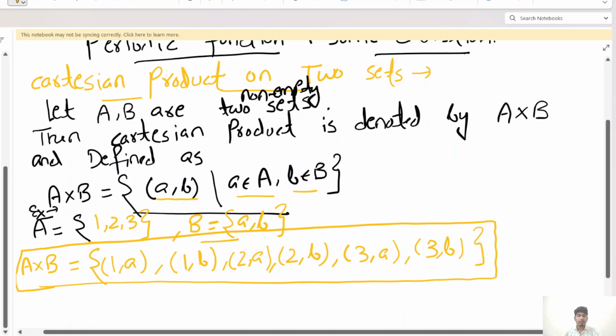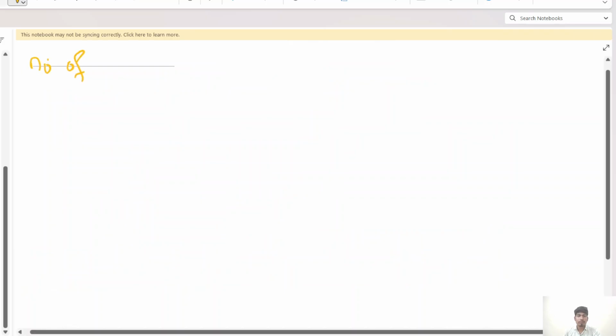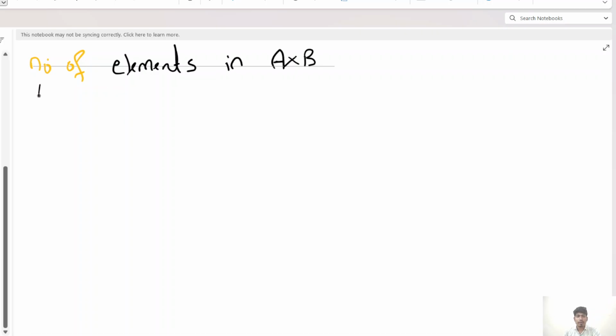Now we discuss the number of elements in A cross B. Let the number of elements in A be p and the number of elements in B be q.